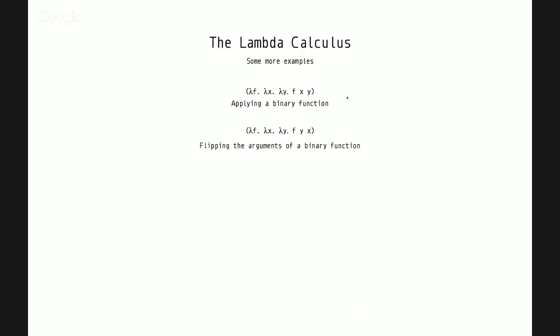Another thing that is really interesting is you can flip the arguments of a binary function. This looks very similar. The only difference is that we're taking the function and 2 arguments, and then we're applying them backwards. So you can imagine if you had something like append, which is order dependent. If you append A to B, you get AB.